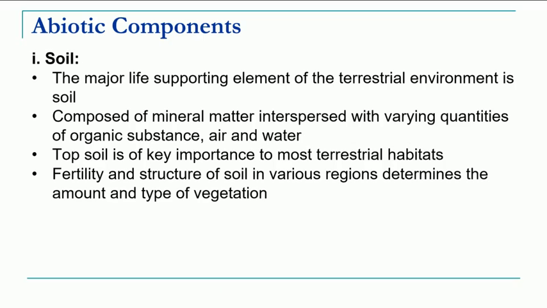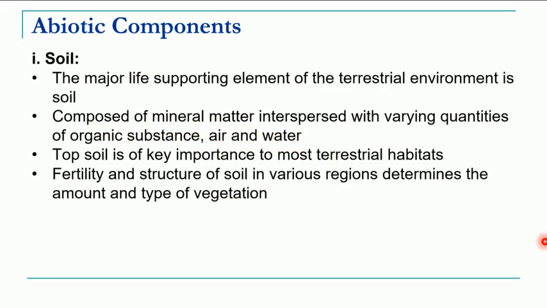The first major component is soil, because soil is required for all life-supporting components like plants. It is composed of minerals and other nutrients, and has varying amounts of organic substances, air and water.